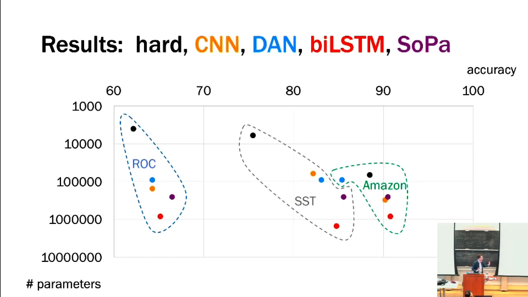This is the kind of result that I get really excited by because I care a lot about the small data case. Most people I talk to who are not NLP researchers want to build things like text classifiers, and they don't have a ton of data, and they don't have a huge budget to get a huge amount of labeled data. And so I'm more excited by the ROCStories and sentiment classification tasks.